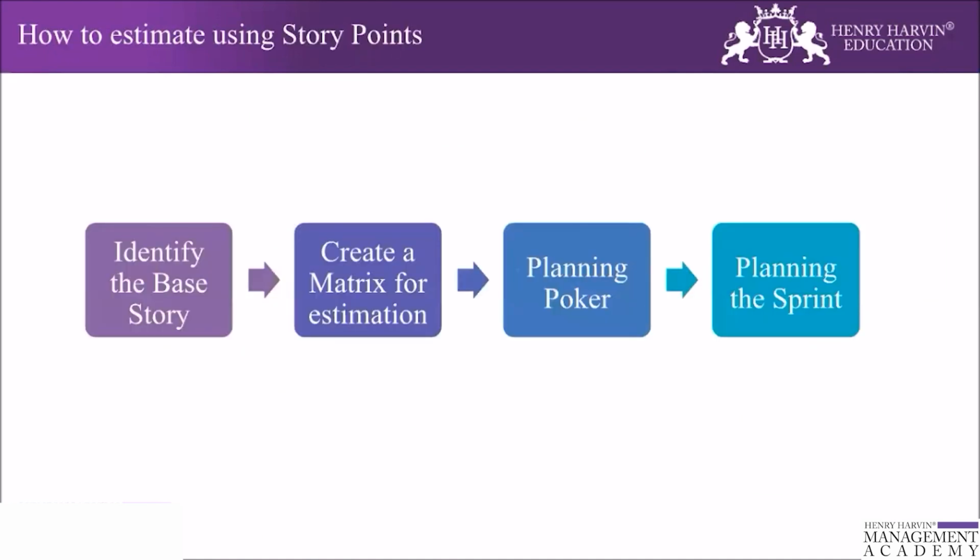So next is how to estimate using story points. We have seen what story points are, and how they work, and now we are going to see how to estimate the user story points.